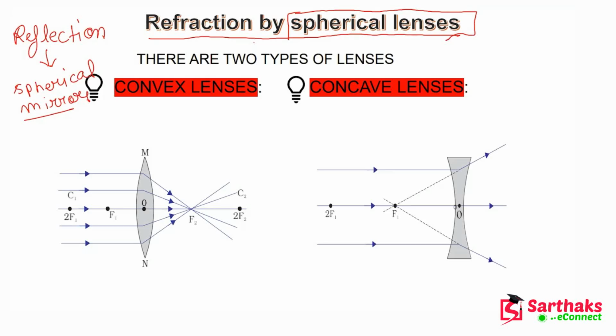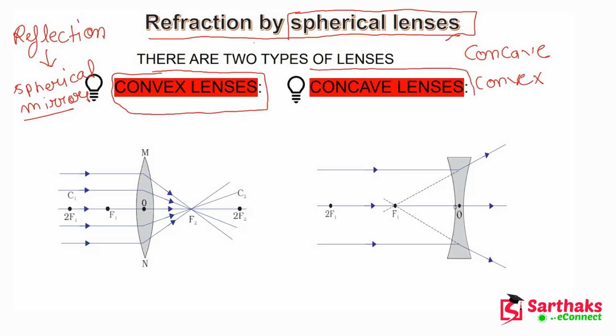So in spherical mirrors, there were two types: concave and convex. So here also you can see there are two types of lenses: convex lens and concave lens. Now, what is the difference between convex and concave lens? Before telling you the difference, let me tell you one other thing.